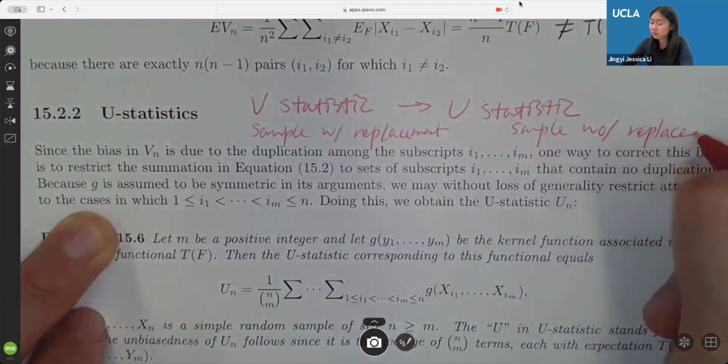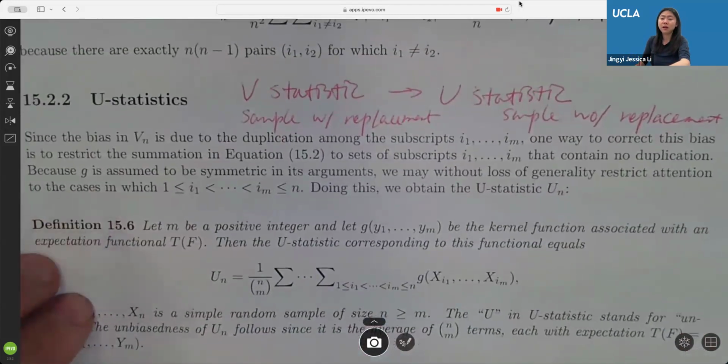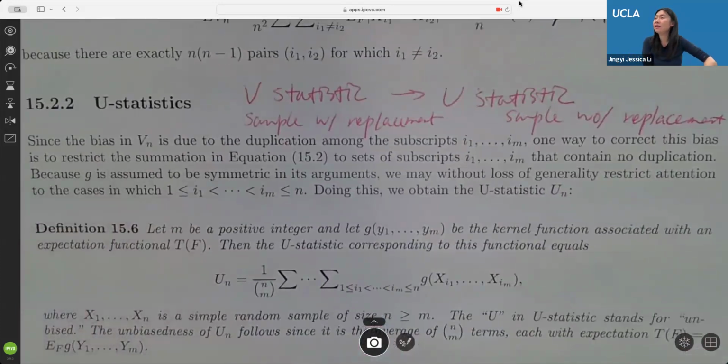That's the biggest difference in your definition of the statistic. But when you sample without replacement, you are not having exactly F_n hat, the empirical CDF. Because if you treat it as a distribution, the sample from it should have replacement, right? If you're sampling without replacement, then you're not actually doing the plug-in. So V_n is the plug-in, U_n is not.